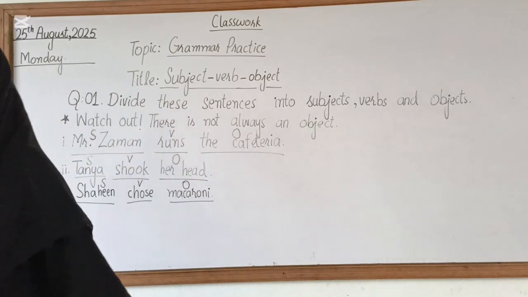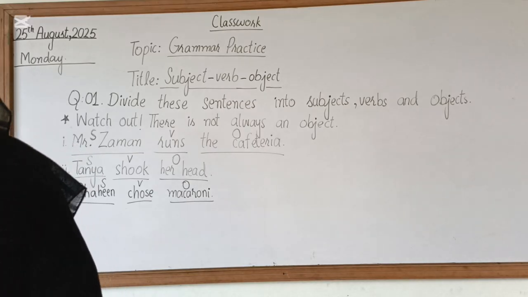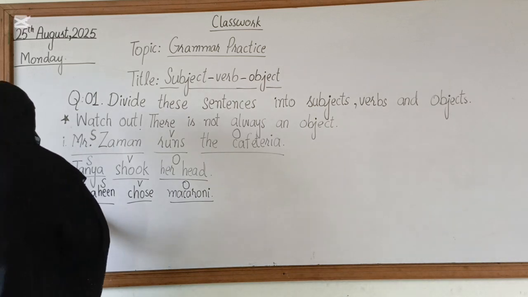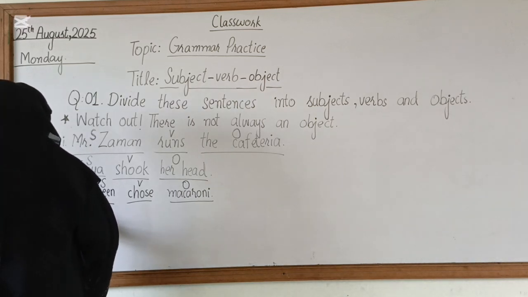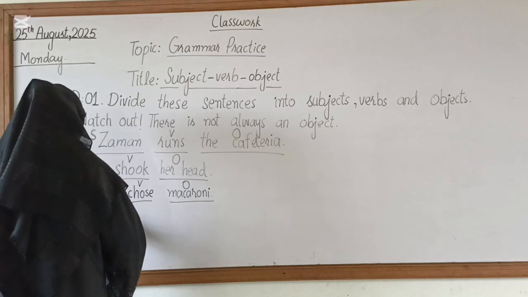Got it? Now we will move towards the next sentence, and that is both girls complained. दोनों लड़कियों ने क्या किया? शिकायत लगाई. Now you all have to identify whether this is a sentence without an object or not. इस sentence में object है या नहीं है.